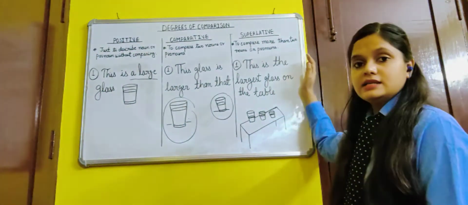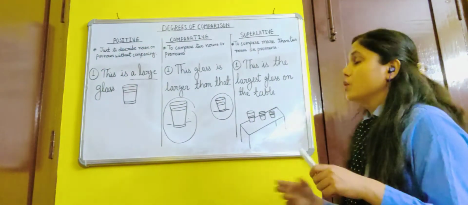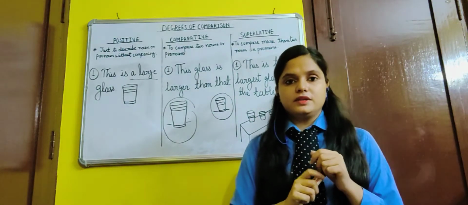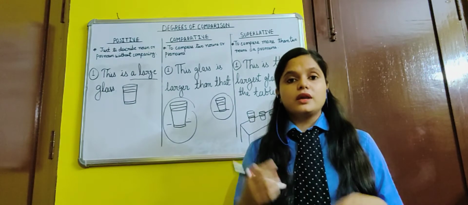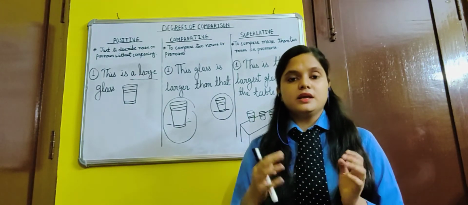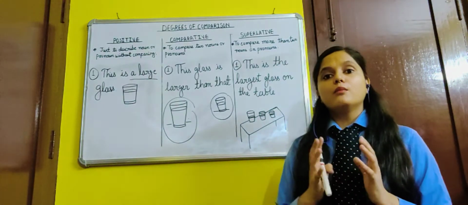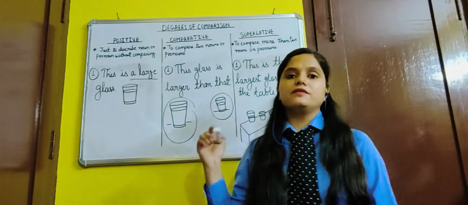Now, the last one, that is the superlative degree. What is the use of the superlative degree? If we want to compare more than two things, persons or places, it means if we want to compare more than two nouns or pronouns, then we use the superlative degree of adjective.